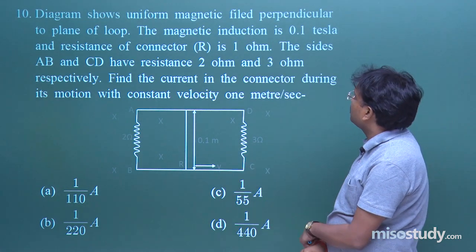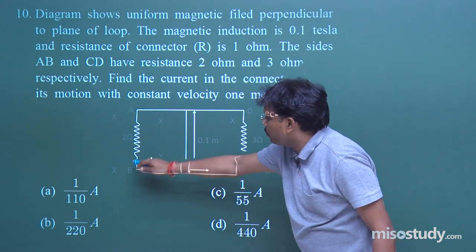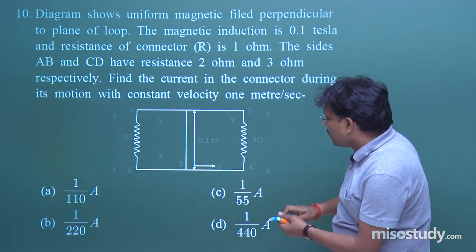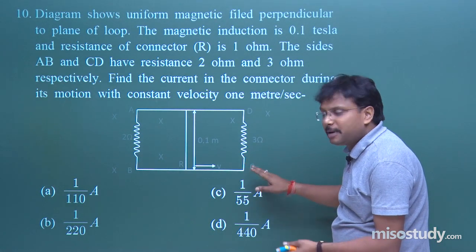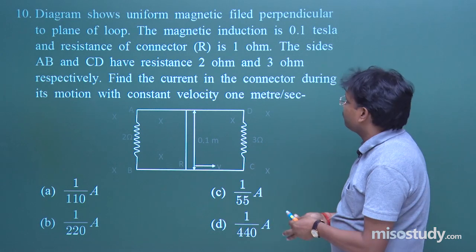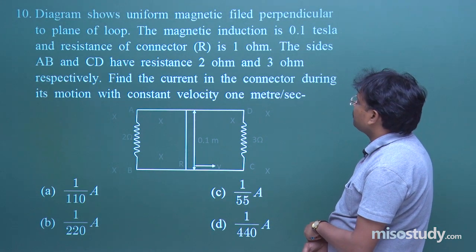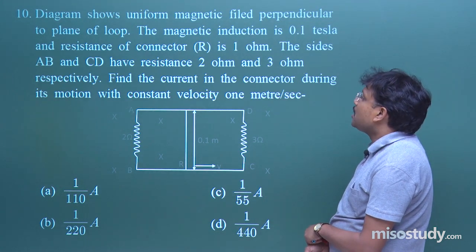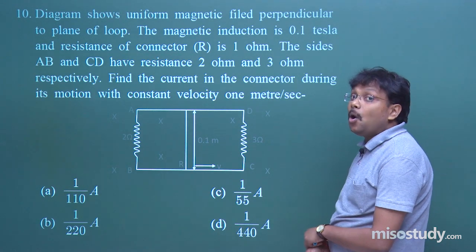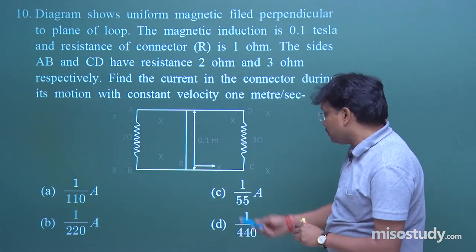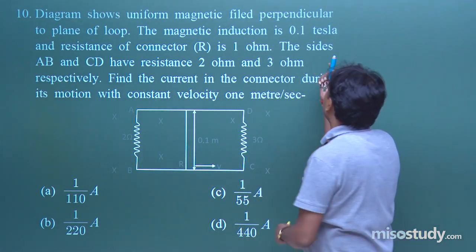The sides AB and CD, I hope it is visible to all of you, have 2 ohm resistance and 3 ohm resistance respectively. Find the current in the connector during its motion with constant velocity 1 meter per second. This V value is given as 1 meter per second.